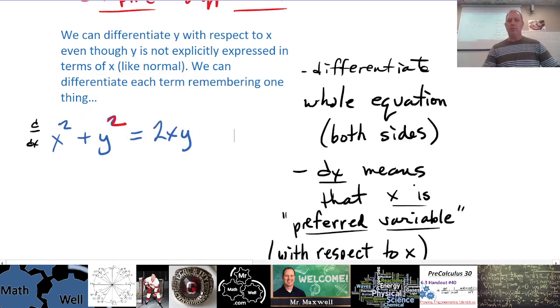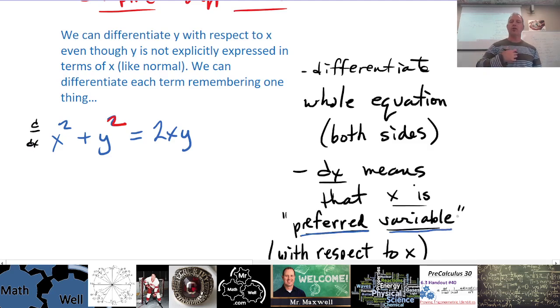Now, the important part that I just mentioned is that when we differentiate, you will always be asked to differentiate with respect to one of the variables, and most of the time it's going to be dx, right? So dx is going to be what I call the preferred variable.